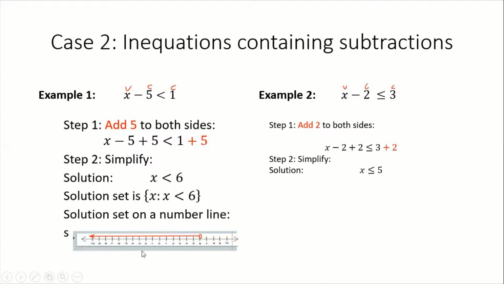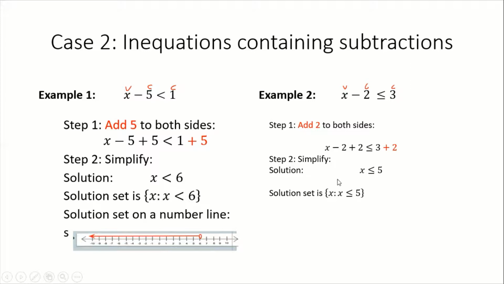Now we can represent our answer as a solution set. And it is easy. The pattern does not change. Use 2 curly brackets, put an x to represent all the values of x, put 2 dots to represent such that, and then you put this part as the solution down here.